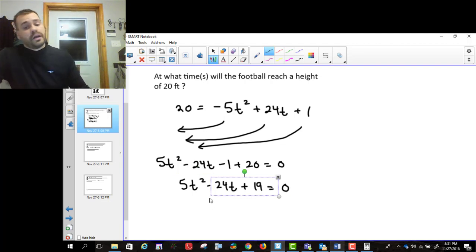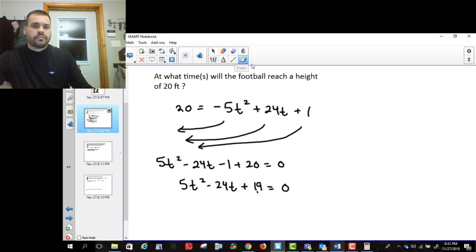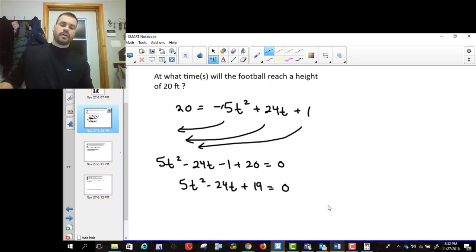And at that point, I try to factor if I can, because factoring is quicker, but I can't factor this because 19 and 5 don't have a common factor, so I can't take out a common factor. I can't directly factor because of that 5, but I could do slide and divide and see if that works.